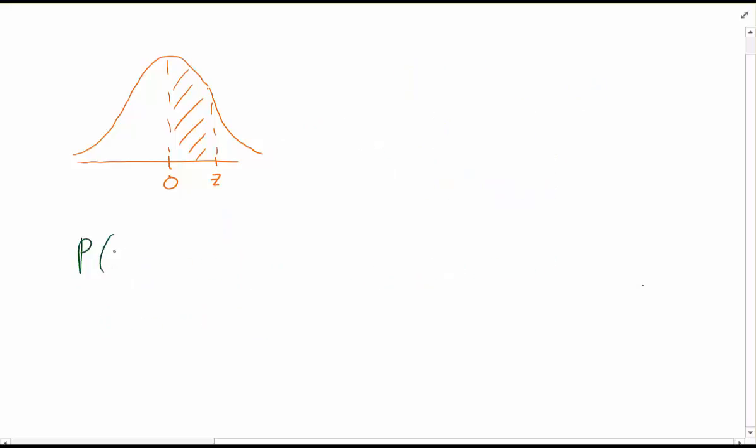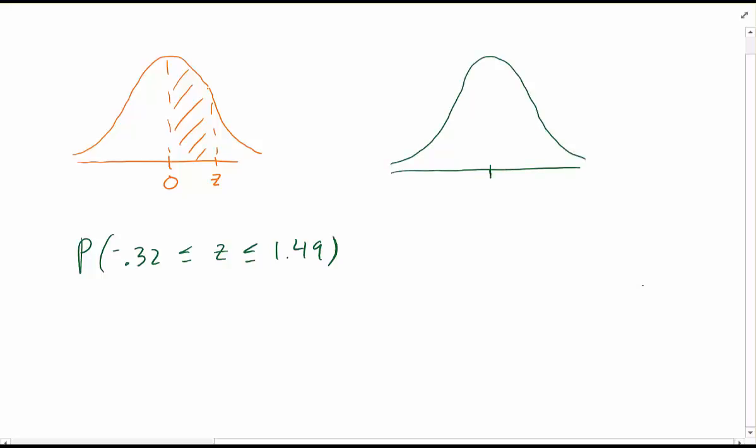Probability that z is between negative 0.32 and 1.49. So let's get a picture of that in the distribution. Center at 0, so about a third of a standard deviation to the left, maybe about right there. So that's the negative 0.32.